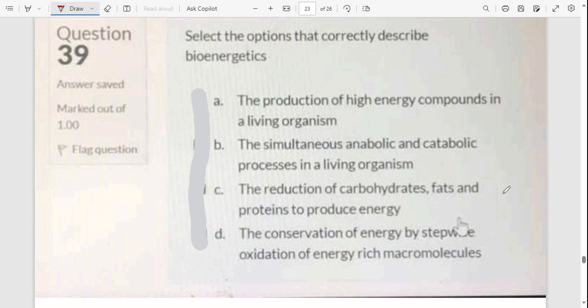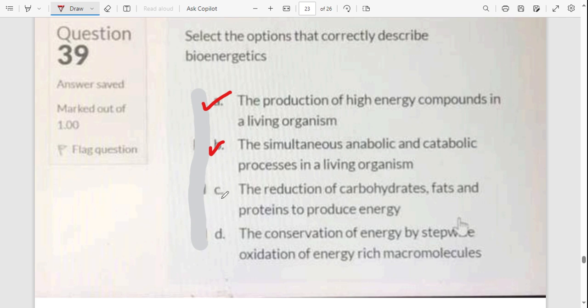Select the options that correctly describe bioenergetics. Bioenergetics is the production of high energy compounds in a living organism. Bioenergetics is just describing how you form and use energy. The simultaneous anabolic and catabolic processes in a living organism, this is also true, through the breaking of compounds and making of compounds.